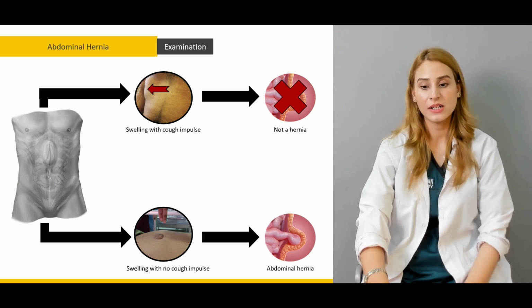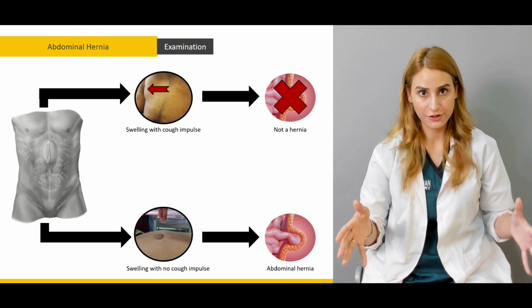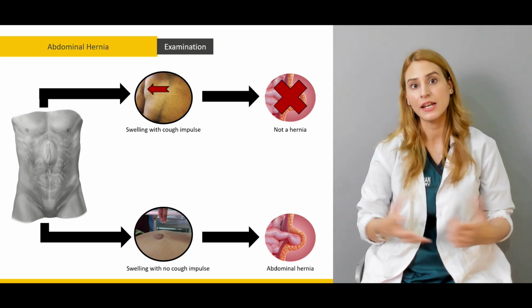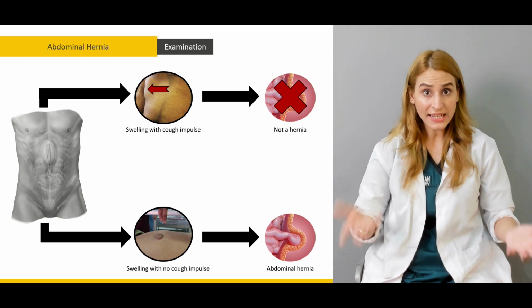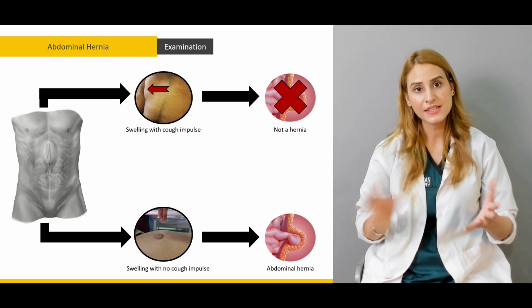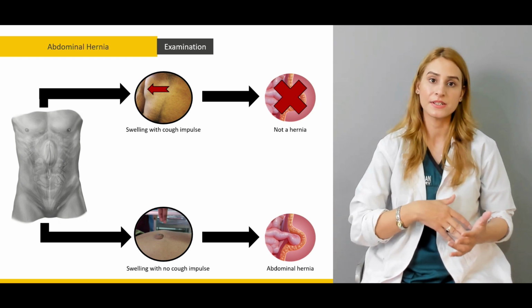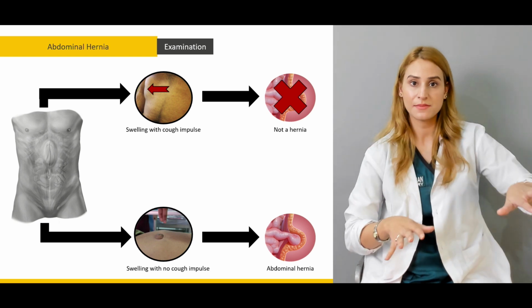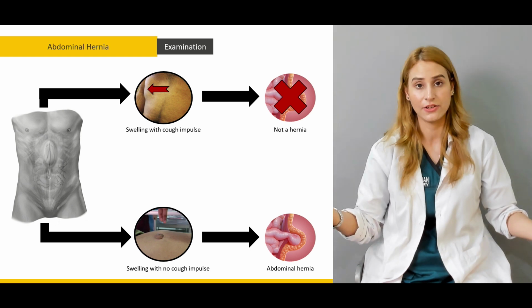Swelling with no cough impulse, it's not an abdominal hernia. But this is not a hard and fast rule, because some of the hernias, like if the hernia is strangulated, if the hernia is obstructed, obviously the cough impulse would be negative, right? So you cannot say that it's a hard and fast rule. If the cough impulse is positive, it's a hernia. If cough impulse is negative, it's not a hernia. But obviously, if the cough impulse is positive and there's a swelling and you try to reduce the swelling, it's definitely the hernia.